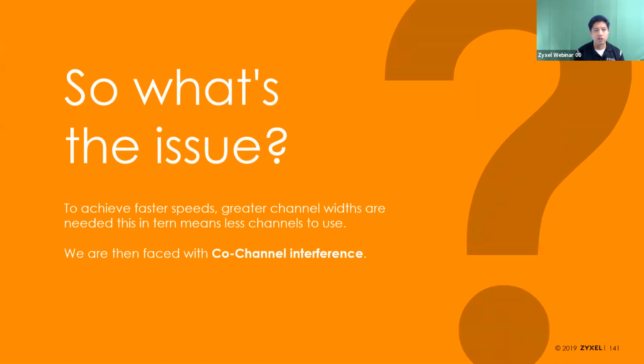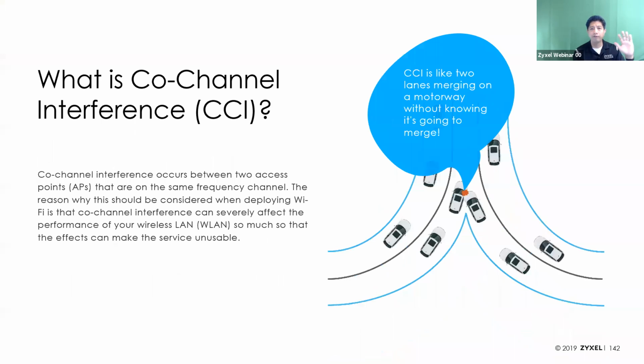Well, why are there issues? The issue is what we call co-channel interference. It means that in order to achieve faster speeds, you have to use larger channel widths within the wireless spectrum. And so you're also cross-interfering with anyone else who's using any of those other channels. Co-channel interference is like two motorways coming together.